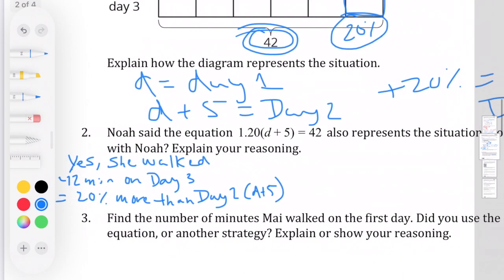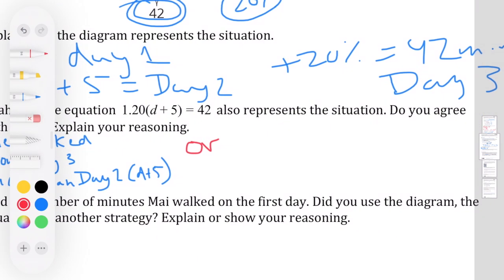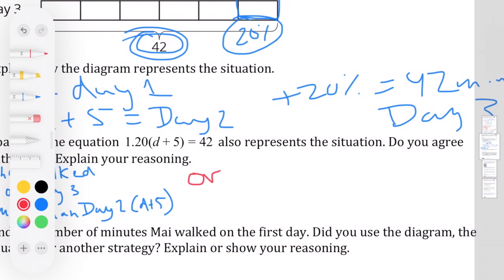Now you could also say that you disagree. And if you disagreed, you might have a different equation. Maybe you used a fraction form because there was 5 boxes originally right here. And then we added a 6th one to add the 20%.